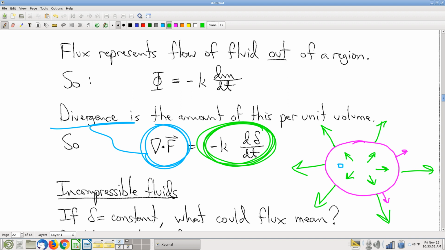Right. So let's think about an actual scenario. Let's think about birds. Think of birds as kind of a fluid, right? It moves around. You all have seen those videos of a swarm of birds floating around like a fluid, kind of, sort of. Well, you could imagine there being a bunch of birds in this region. We've got a three-dimensional region here, and birds are flying every which way.